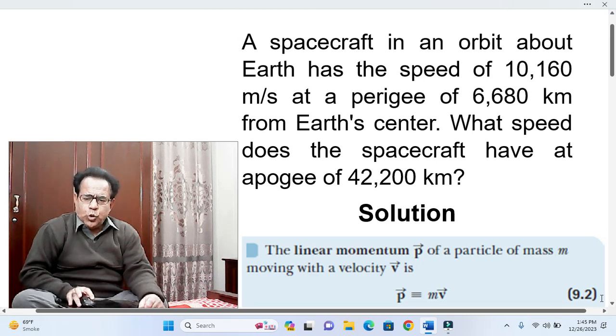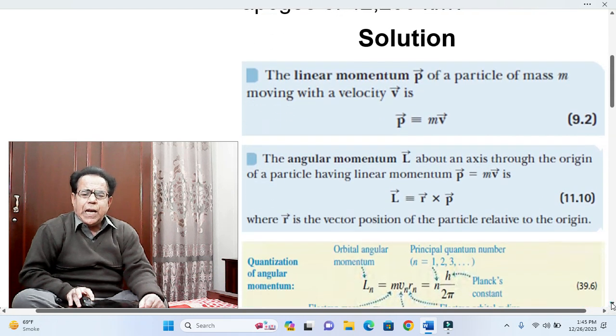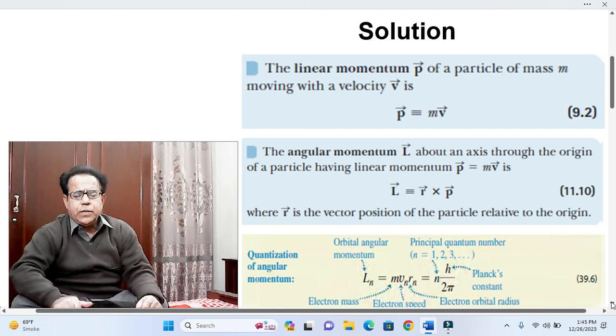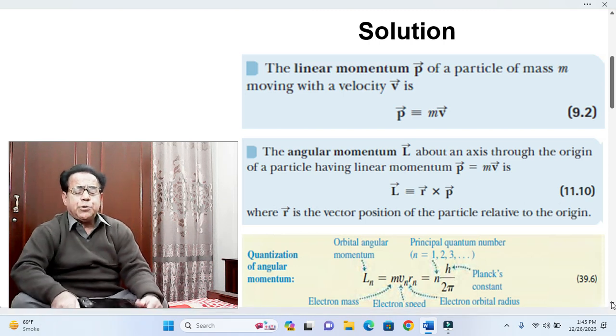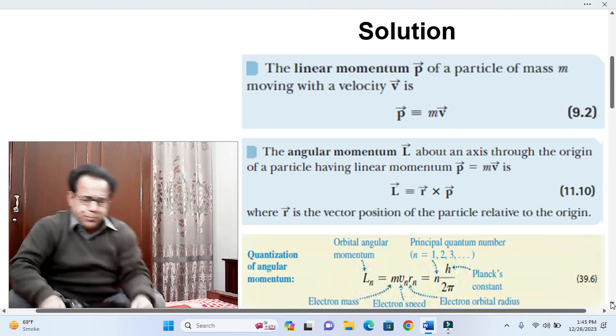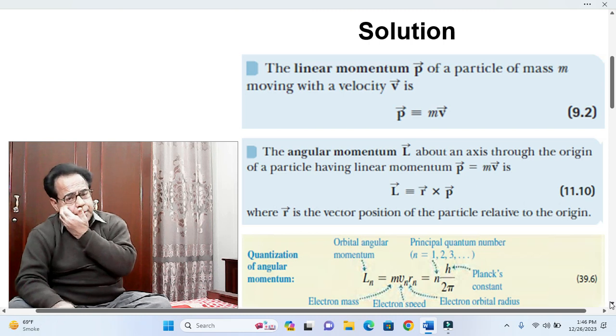Okay, so we are now going to its solution, but before starting its solution in a formal manner, we have to go through a few concepts with the help of snapshots taken from some books. The first snapshot is about linear momentum.